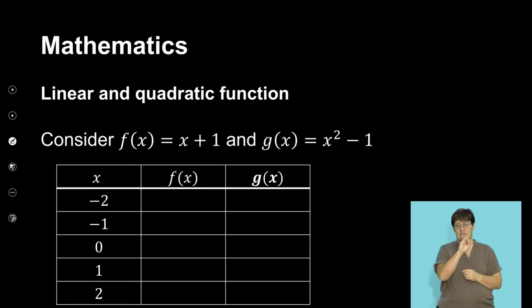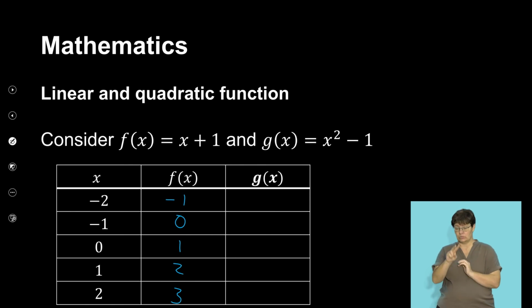If I give you f of x and g of x, when x is minus 2, this will be minus 2 plus 1, which is minus 1. If it's minus 1, it will be 0. If it's 0, it will be positive 1. If it's 1, it will be 2, and then it will be 3, right? That's only for f. Let's go for g.